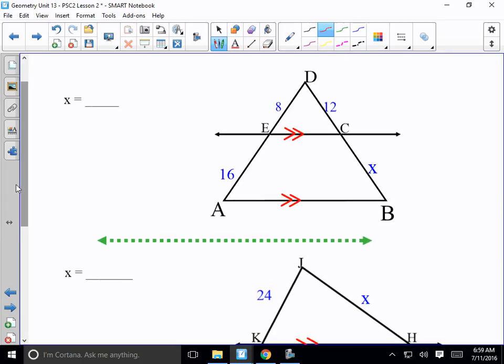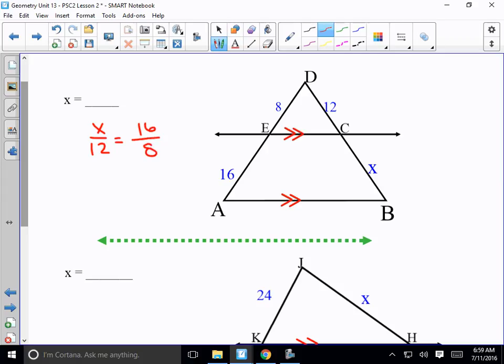Since we know that we've got the parallel lines, we have the similar triangles, and we know that the sides are cut up proportionally. So if I want to do x over 12, bottom over top on the right side has to equal the bottom over top on the left side.